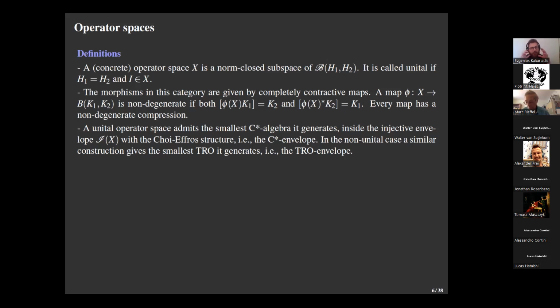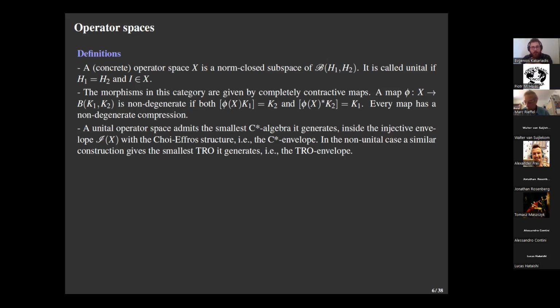It's not hard to see that whenever you start with a map phi, you can define the subspaces and take the compression there, with zeros in all the entries outside the compression. So, up to norm, or up to not adding zeros, you can assume that the maps are non-degenerate.